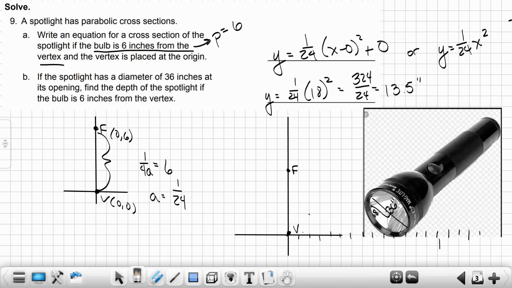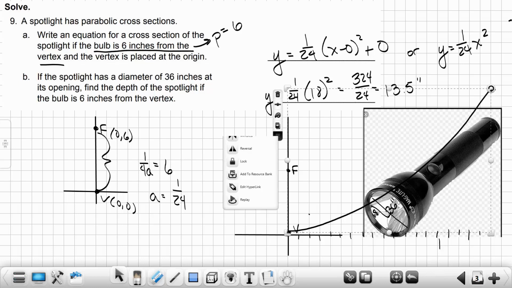If I plug in 18 for x, it goes up 1, 2, 3, 4, 5, 6, 7, 8, 9, 10, 11, 12, 13 and a half. That's wide. That's how wide my parabola would have to be. Flip it on. Okay? That is my spotlight.